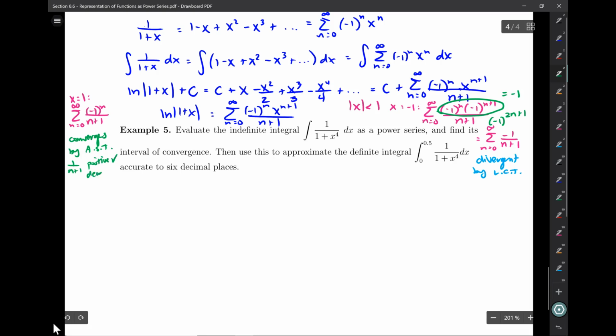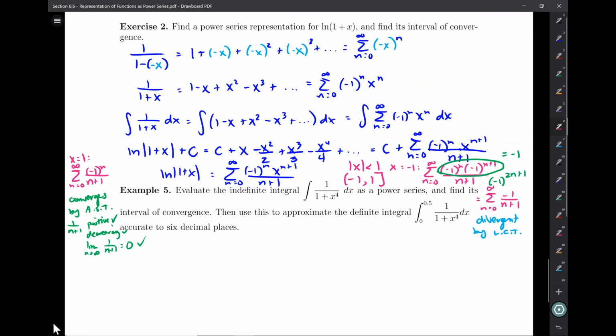It is decreasing. And the limit as n goes to infinity of 1 over n plus 1 equals 0. Check. So converges by the alternating series test, which means that our interval of convergence is -1, not included, to +1, which is included. Whew.